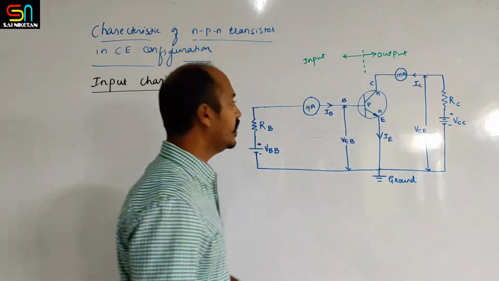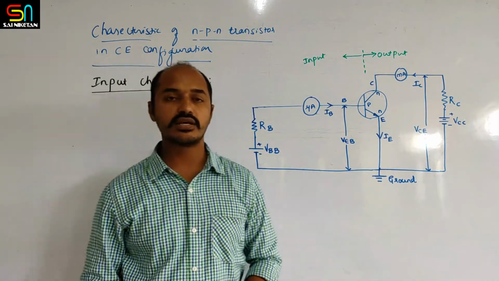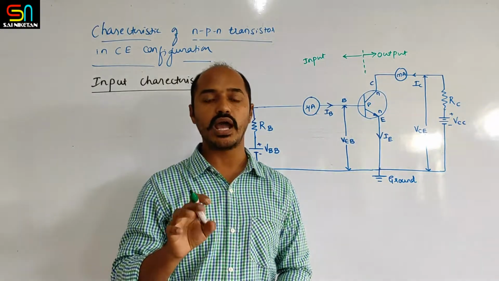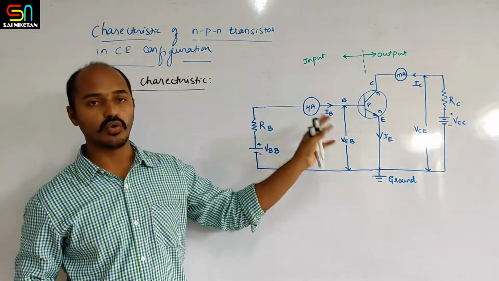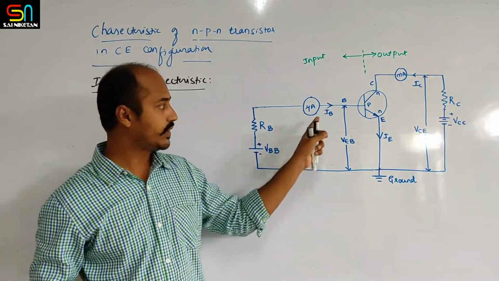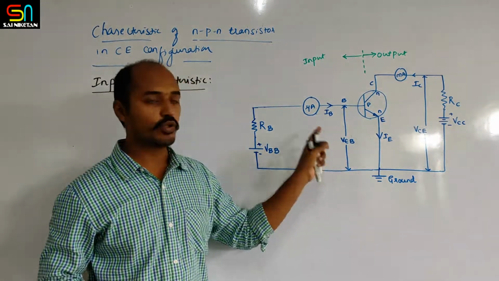So input characteristic is the graph between input current and input voltage. We have to draw the graph between input current and input voltage.